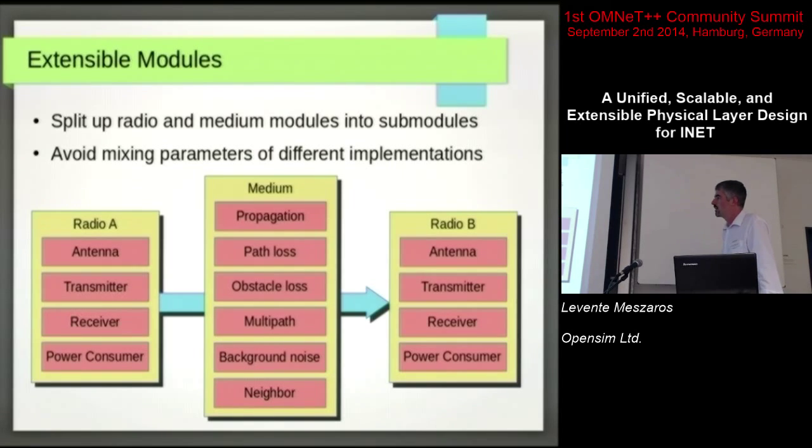So here you see there's a radio module that's split up into 4 submodules. The antenna represents, of course, the antenna. It is responsible for the directional selectivity. We also separated the transmitter and the receiver part. This even allows asymmetric simulation in terms of, for example, accuracy, but also, for example, in one direction you could use different parameters than in the other direction.